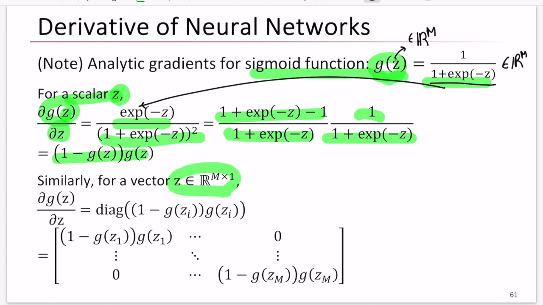Similarly, we are interested in the vector form. Right? z was in m by 1 space. Let's talk about the gradient of g of z over z.